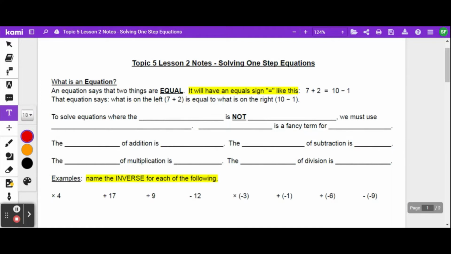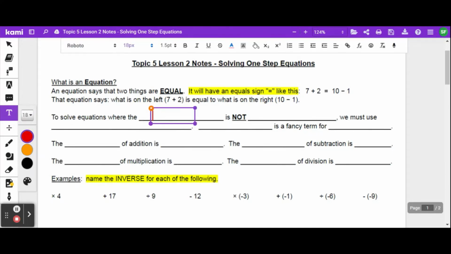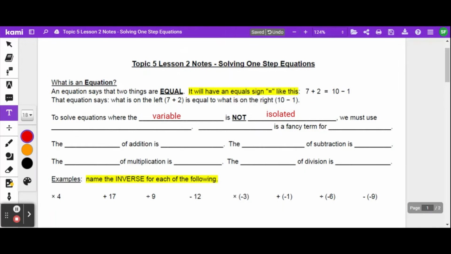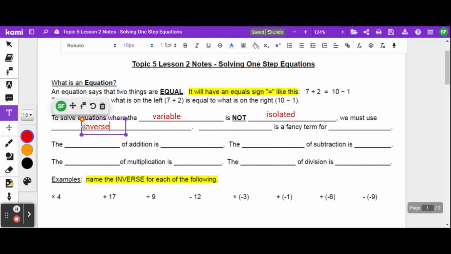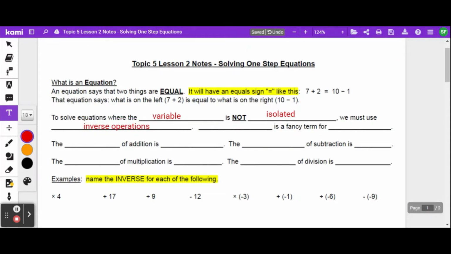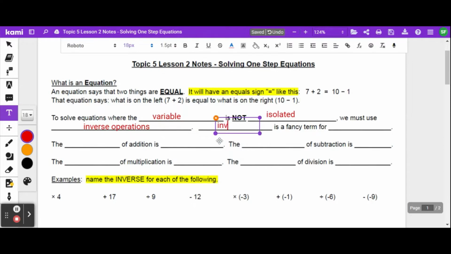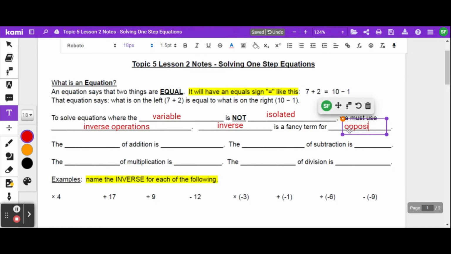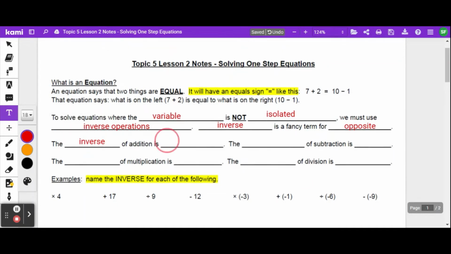So to solve equations where the variable is not isolated, we must use inverse operations. Inverse is a fancy term for opposite. The inverse of addition is going to be subtraction, right?